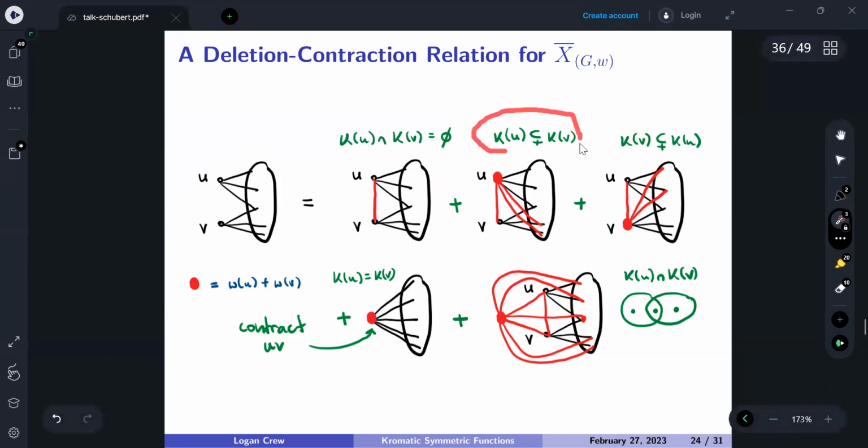Unlike with the normal deletion-contraction relation, we have other cases we have to consider. There's the possibility that kappa of u is a proper subset of kappa of v, and in that case we give that extra weight to u, but we also add edges from u to all neighbors of v, and that's what this is representing here. This works out because, say, u has colors 1 and 2, and v has colors 1, 2, and 3.